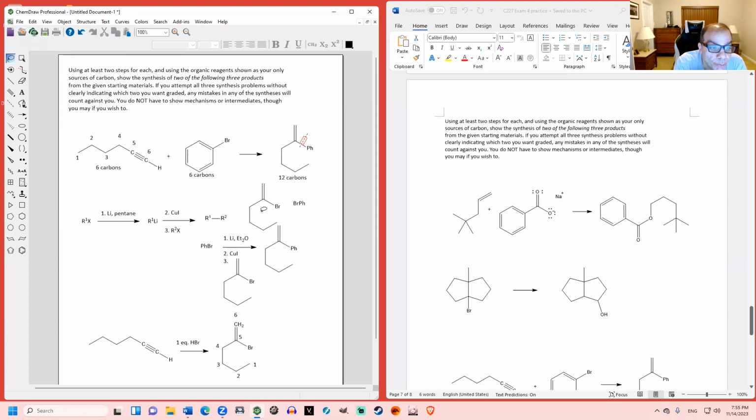And then going from this product, can you make something that looks a little more like the starting material? And so on until you've worked your way back to the starting material. Generally, we work synthesis problems backwards from the product to the starting material. You can work forwards, I suppose, but I think it's safer to work backwards.